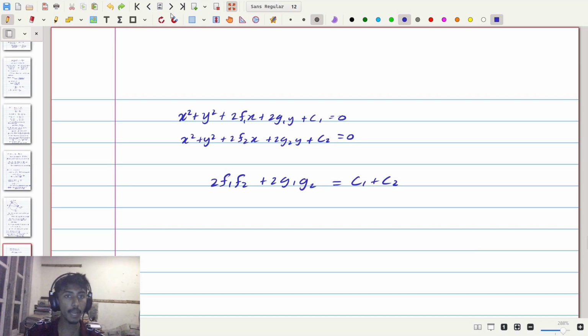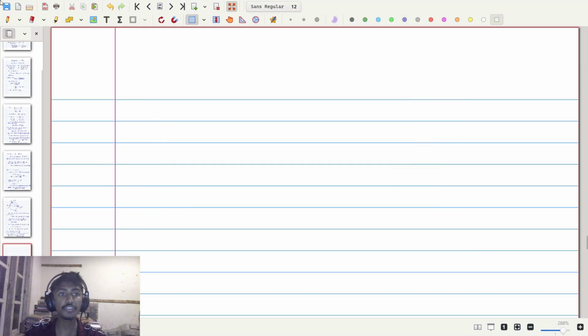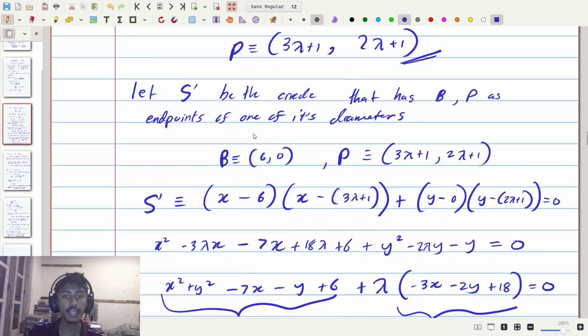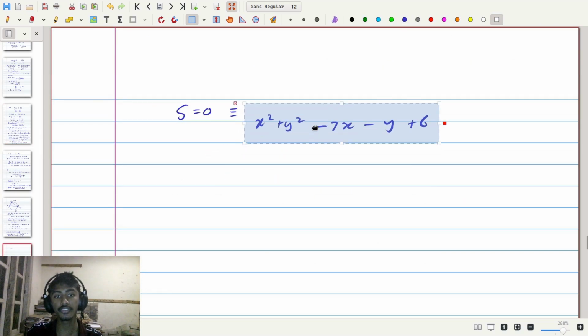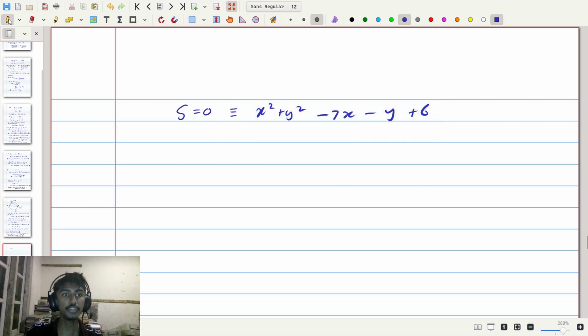Now applying that to these two circles, the first circle is S equals 0, so we can write S equals 0, which is given by, if I go up and copy the exact equation, x squared plus y squared minus 7x minus y plus 6 equals 0. So we're going down, we can write this here and say equals 0.